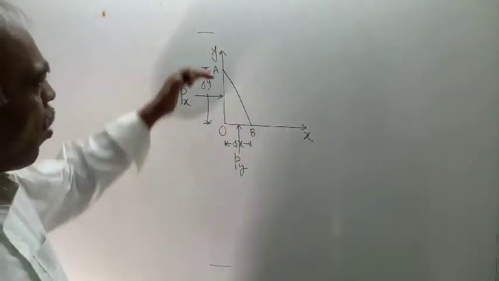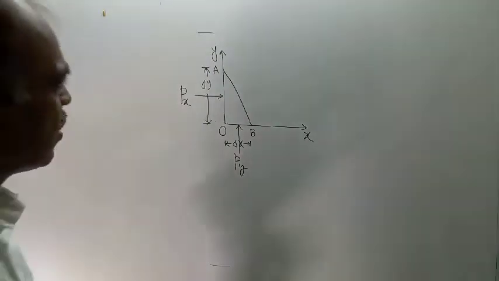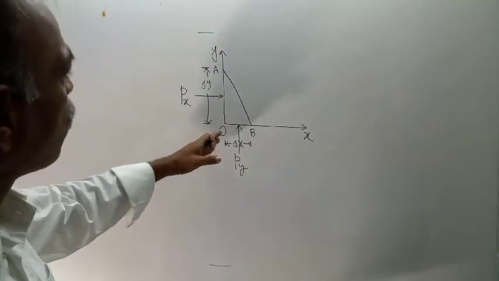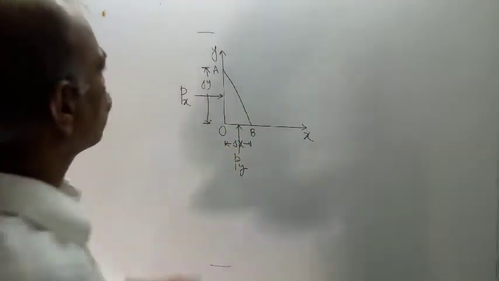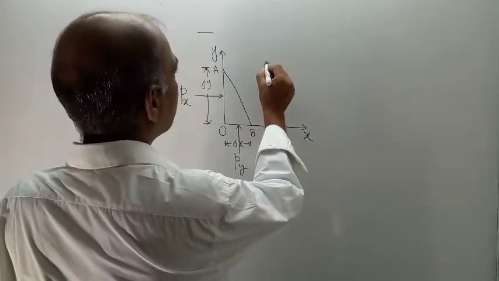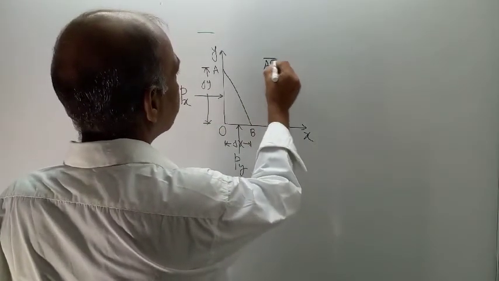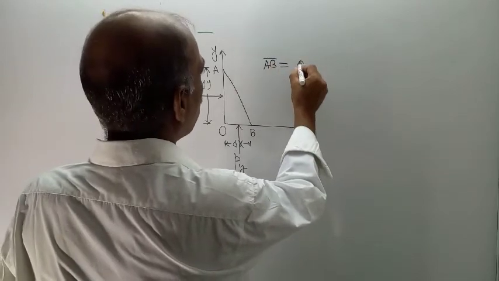Now, what is the length of AB? The length AB is equal to the square root of OA square plus OB square.